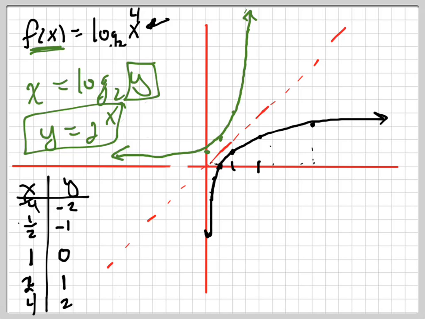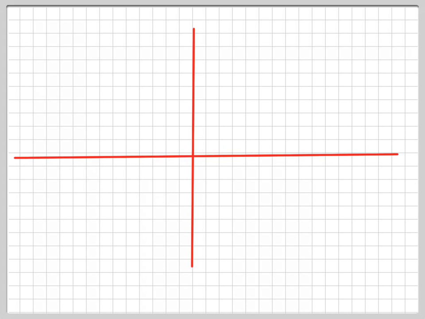Now let me show you the shorthand way of graphing a logarithmic. So what we're going to do is use our base graph, which we know looks like a flipped exponential graph. It's going through that point, it's going like this, and it's approaching the vertical asymptote, the y-axis.